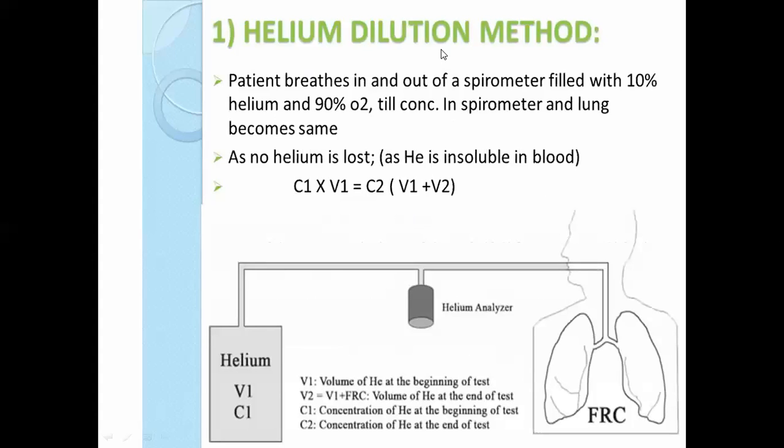In the helium dilution method, the patient breathes in and out of this spirometer filled with 10% helium and 90% O2. So we consider a gas consisting of helium at 10% and O2 at 90%. We instruct the patient to breathe this gas, in an inspire and expire process.